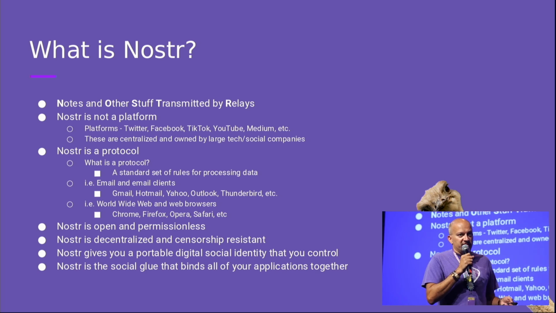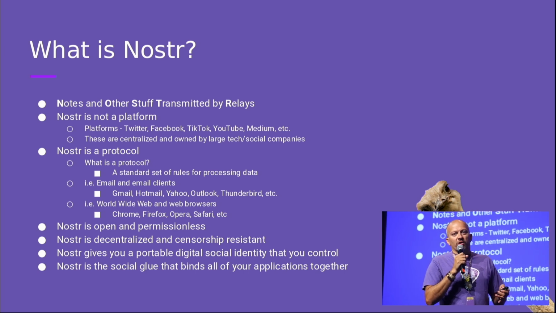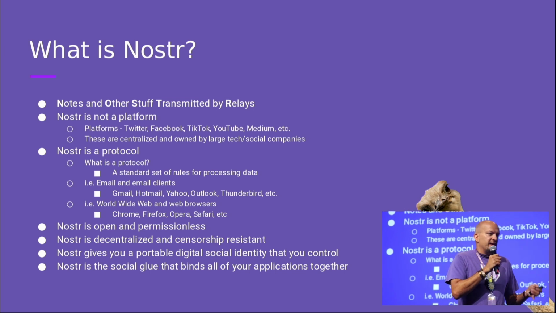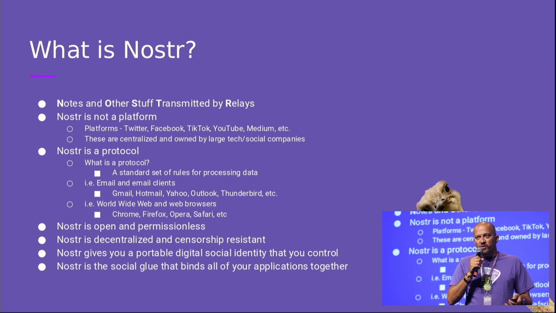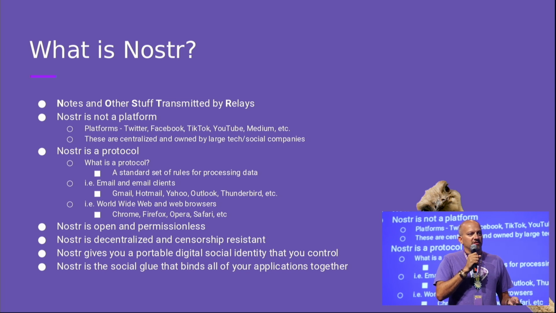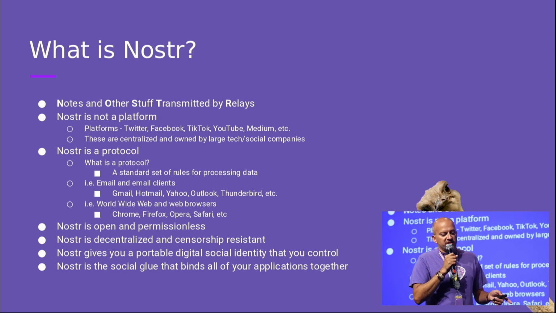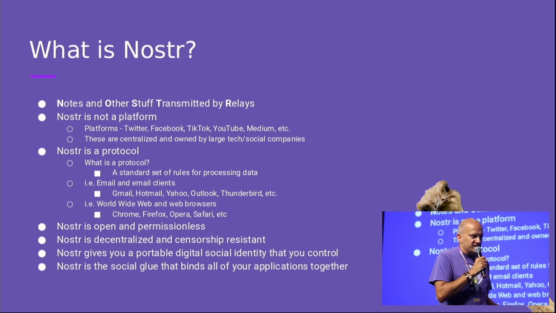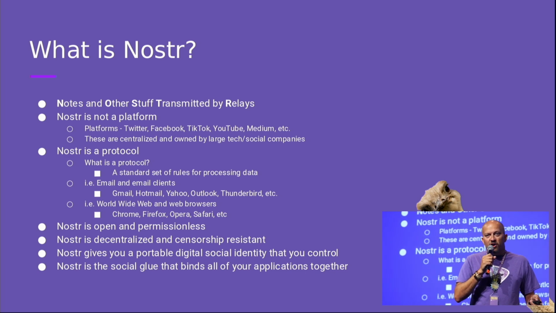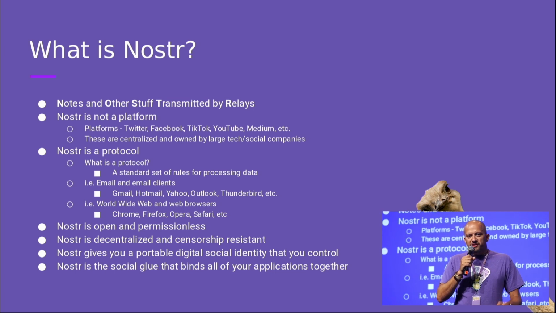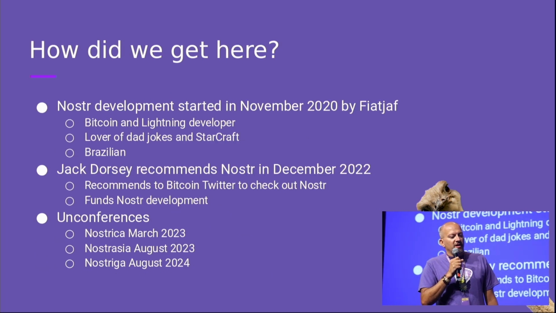And because of this nature, you can take your identity, as I mentioned, and you can bounce that identity around from application to application. You can take it with you and have various levels of experiences all on Nostr, because Nostr is not just one application. It's many, many different applications. And because of this, I like to say that Nostr is the social glue that binds all of your applications together.